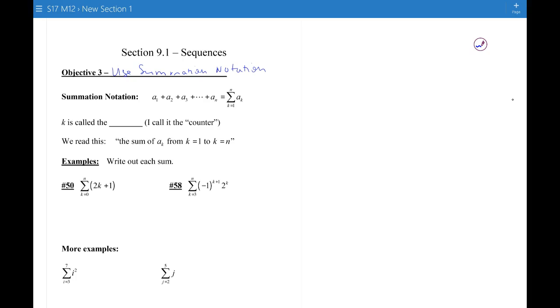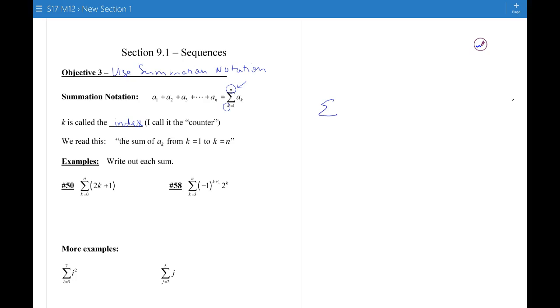So summation notation says, here's k that's called a counter or an index. So its formal name is the index. I call it the counter. It counts from 1 to 2 to 3 and so on. And this number at the top of the summation symbol says when to stop counting. So it says the sum of the a sub k's from k equals 1 to k equals n.